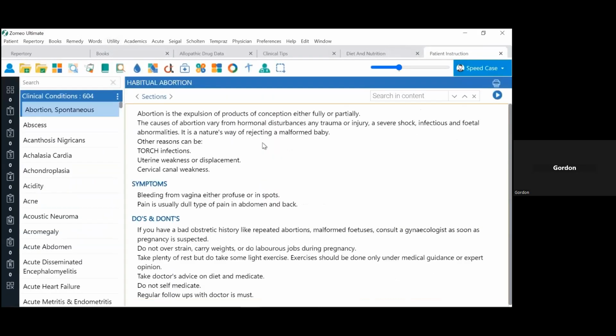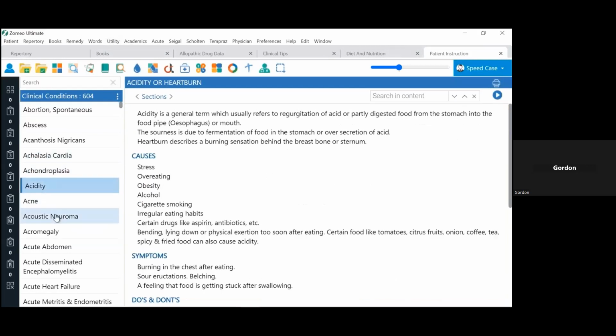We also have a section called patient instructions. Now, patient instructions are basically do's and don'ts.